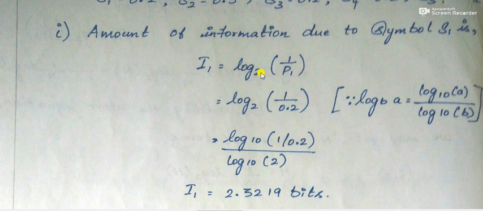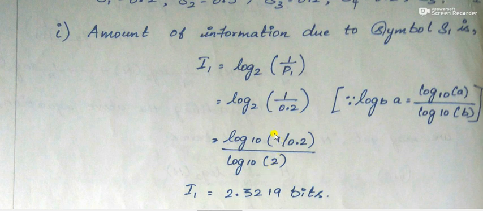I1 is equal to log base 2 of 1 by P1. Here the probability for the first symbol, P1, is equal to 0.2. So log base 2 of 1 by 0.2. How to find this? The formula for converting log a to the base b is log a divided by log b. So to convert log base 2 into log base 10, log of 1 by 0.2 divided by log 2.